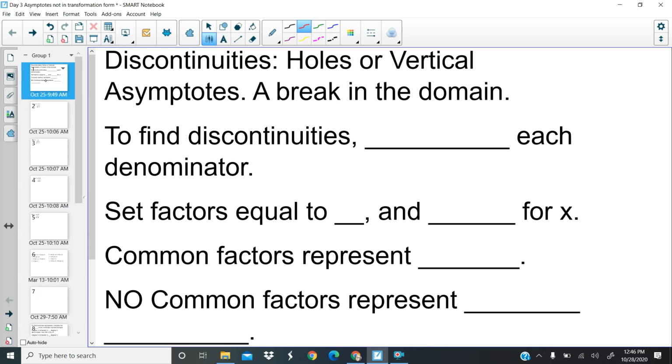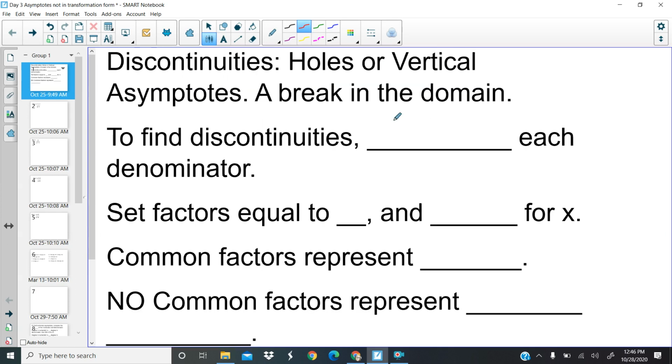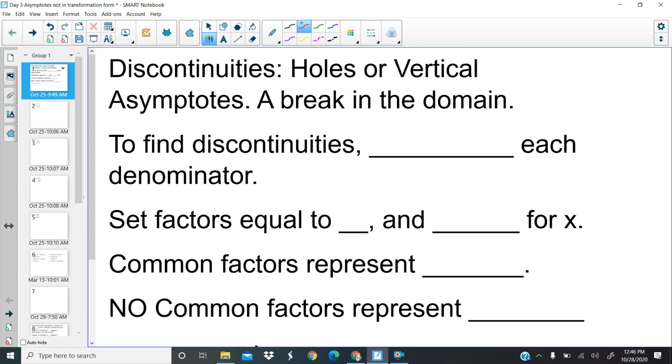So to find discontinuities or holes or vertical asymptotes, what you're going to do is factor each denominator. And then once you have the denominators factored, you are going to set them equal to 0 and then solve for x in each of the factors.